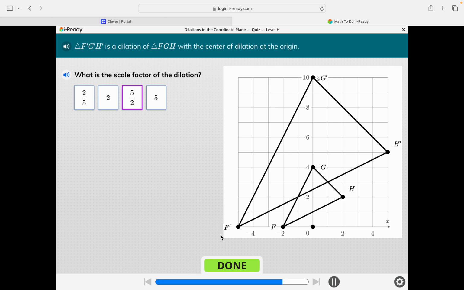Now tell me F prime. F prime is minus 5 and 0. Oh, Subani, so I have to make minus 2 into minus 5. I don't know why I told you minus 4, Subani. It's okay, it's really close to minus 5.